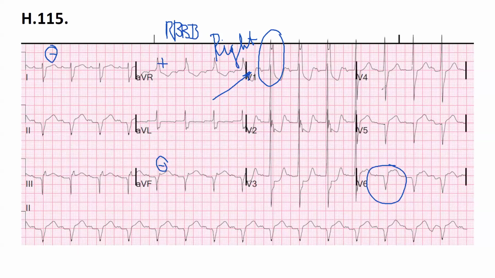So where are we? AVF negative and lead 1 negative, somewhere left here. So we do have an extreme left deviation. Oh, extreme right, I'm sorry.